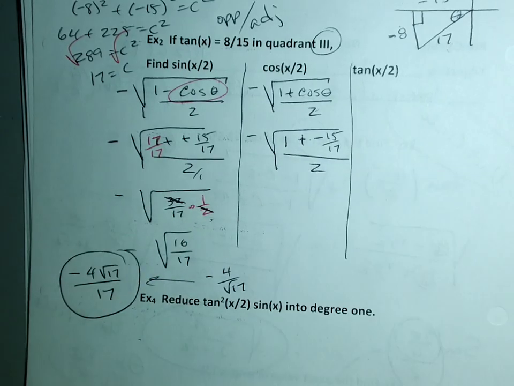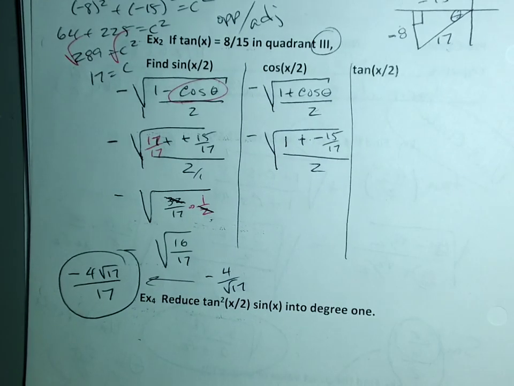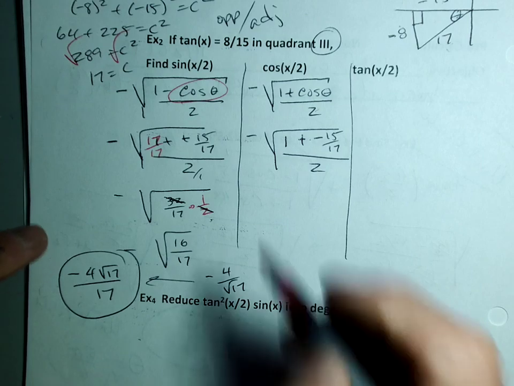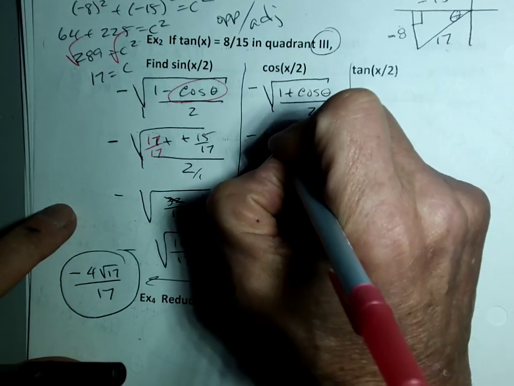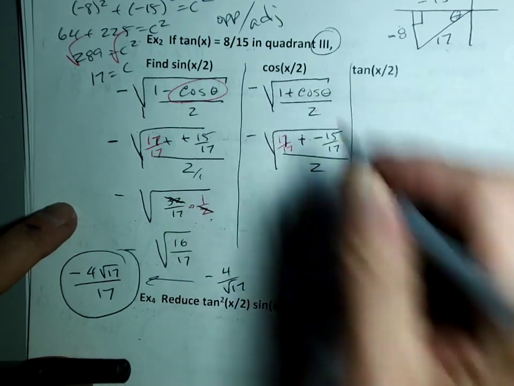Again, just to save room, I'll make that 1 into 17 over 17 so I have a common denominator, right? You guys agree with that?